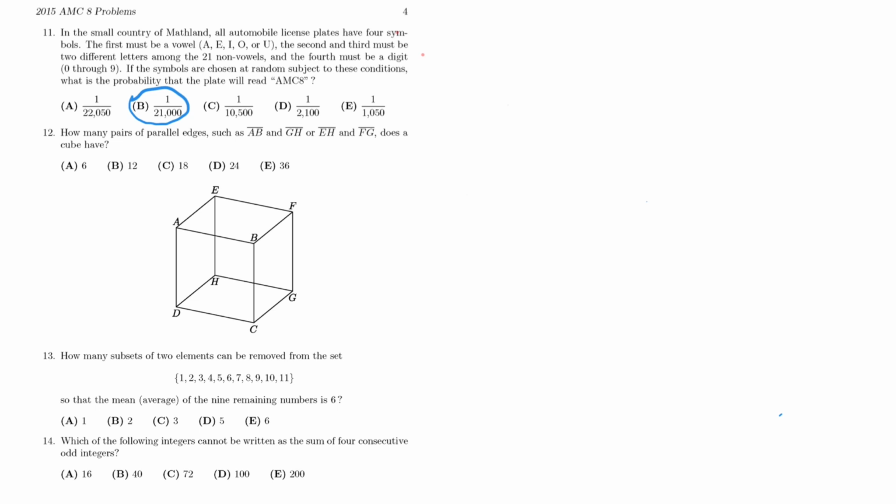Number 12. How many pairs of parallel edges, such as AB and GH, or EH and FG, does a cube have? Now that's the cube. Each edge, like AB, has 3 parallel edges: EF, HG, and DC, 3 pairs.